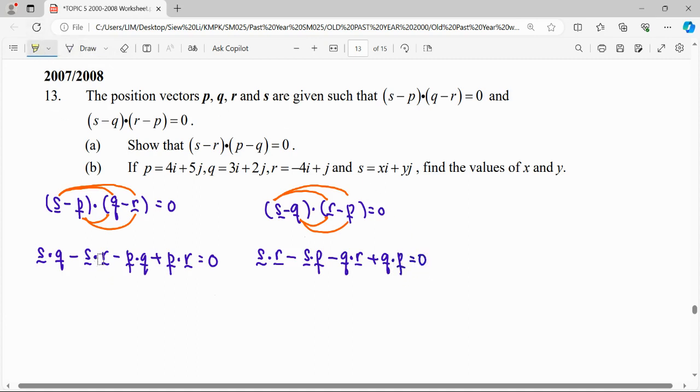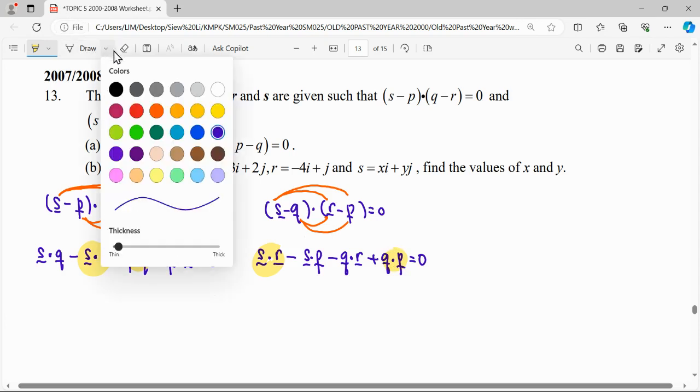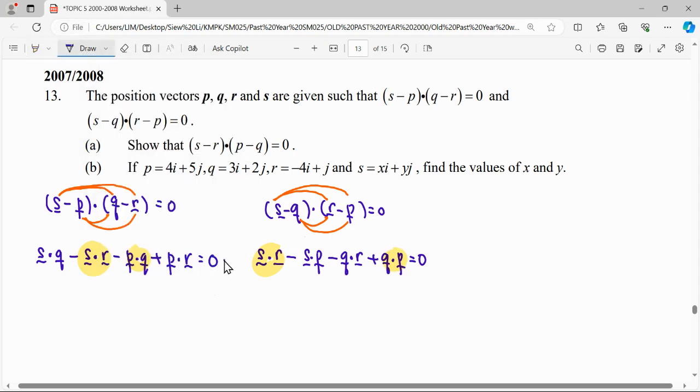From here we can notice that we have similar terms, SR and PQ. So this is equation 1, this is equation 2.